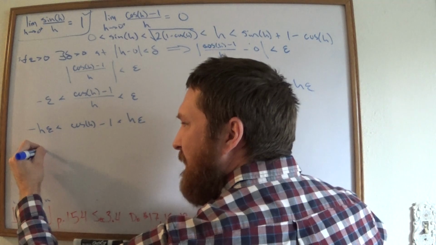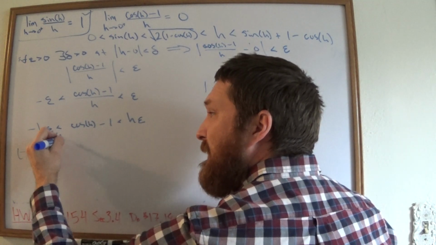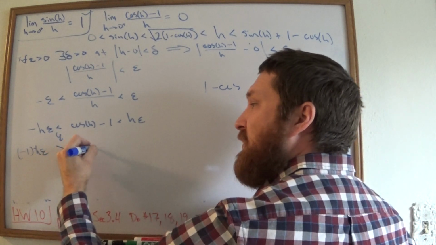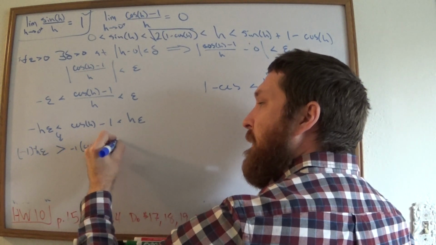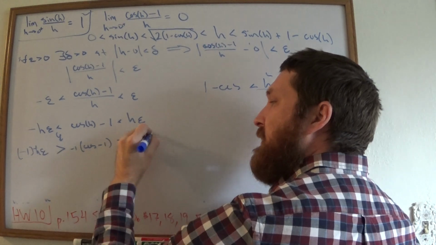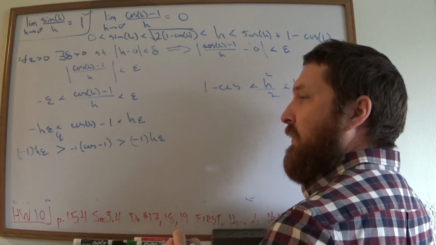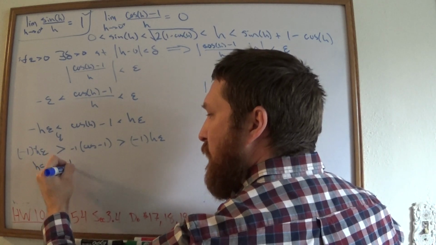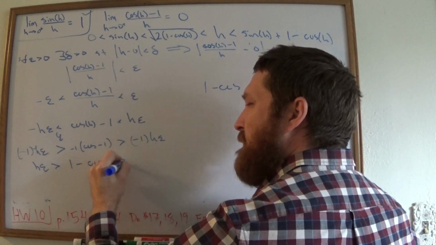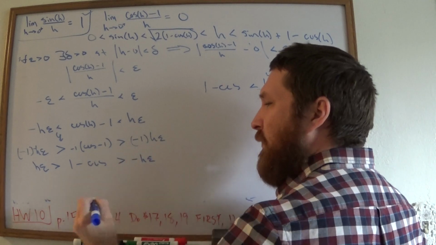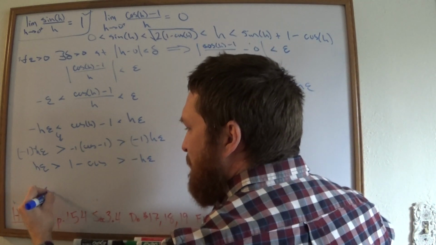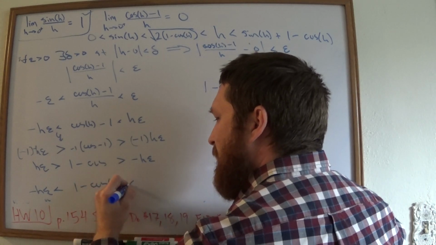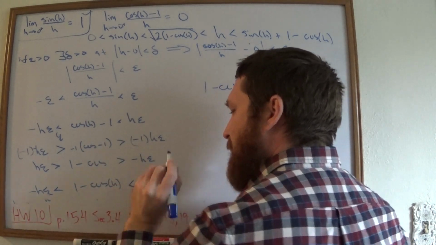-1 times negative h epsilon flips this. -1 times cosine minus 1 is bigger than -1 times h epsilon, which is positive h epsilon is bigger than 1 minus cosine, which is bigger than negative h epsilon. Or how about negative h epsilon is less than 1 minus cosine h less than h epsilon.